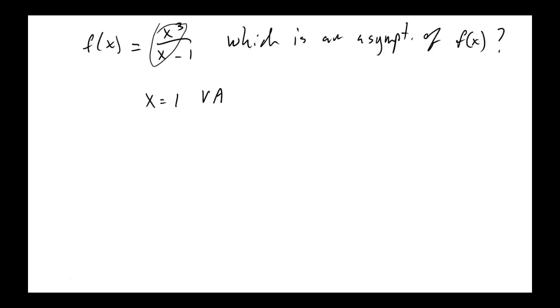Horizontal asymptotes are about end behavior, what's happening when x goes to either positive or negative infinity. Your ratio of the leading terms here is x squared, so when it's going to positive or negative infinity, it's going to infinity.